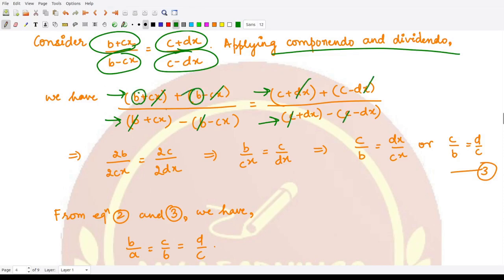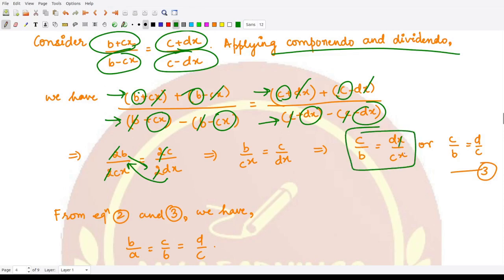So you are left with 2b divided by 2cx, and here 2c divided by 2dx. The 2s get cancelled. You can shift this b to this side and dx to this side, so that you have c/b = dx/cx. The x and x also get cancelled, so you have this term. Let's mark this as equation 3.